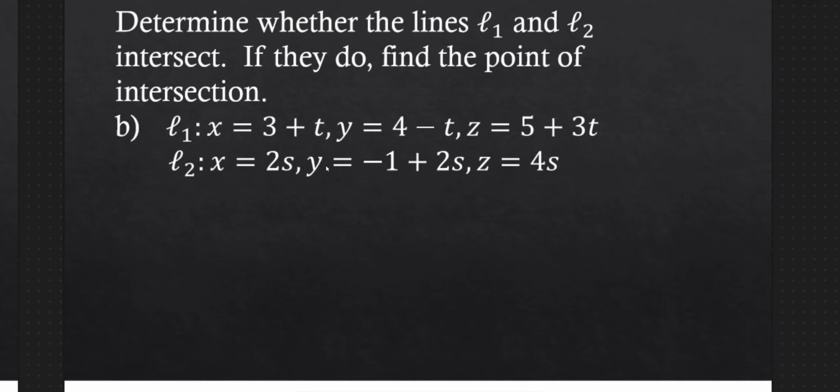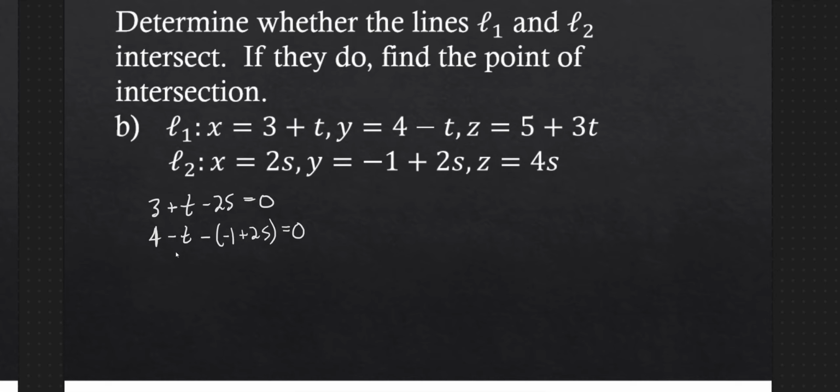So if these things intersect, then it must be the case that 3 plus t minus 2s must be equal to 0. We also need to have that 4 minus t minus negative 1 plus 2s has to be equal to 0. Subtract those.